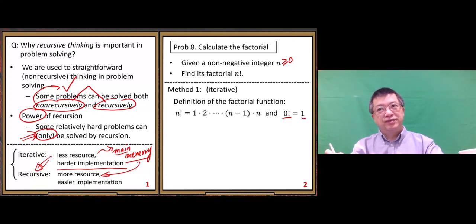Is this natural? Think about this. Why does 0 factorial equal 1? Can you imagine that? Does it make sense? It looks like it does not quite follow our intuition.